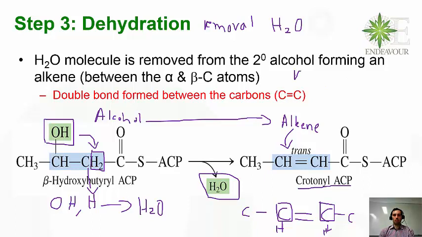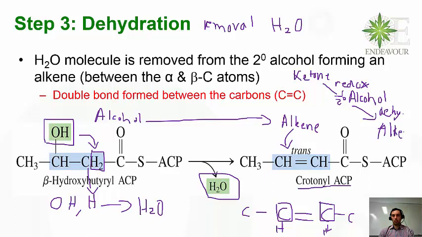So we start with the ketone, and then we convert the ketone to the secondary alcohol, and we do that via a redox reaction where we are reducing the ketone. And then the next step that we just saw here was our dehydration, and that gives us an alkene.